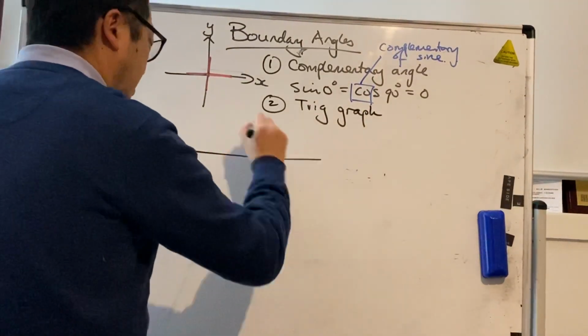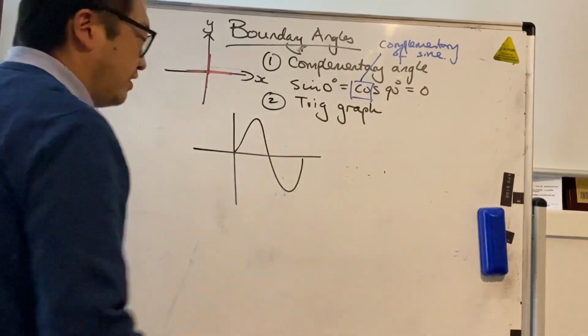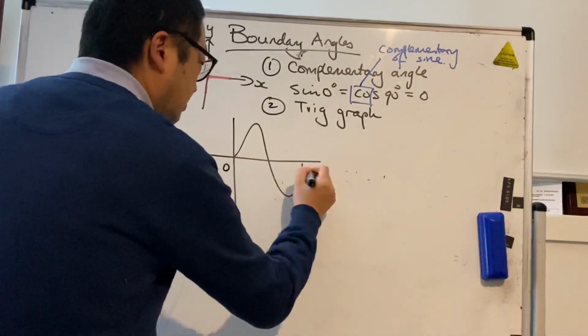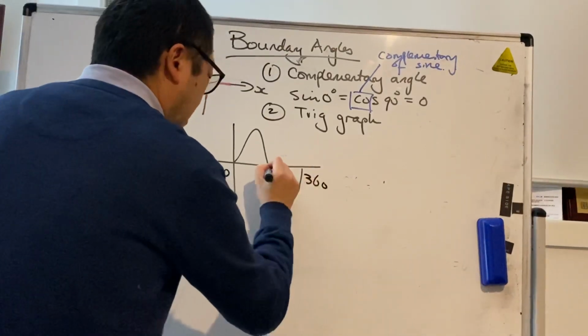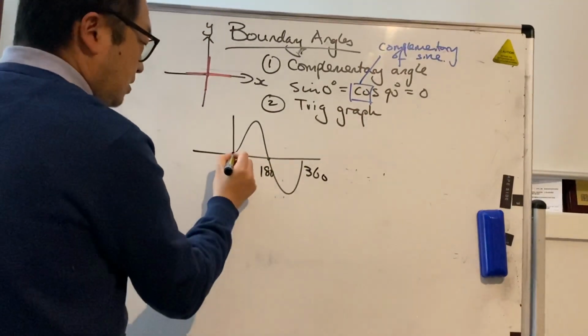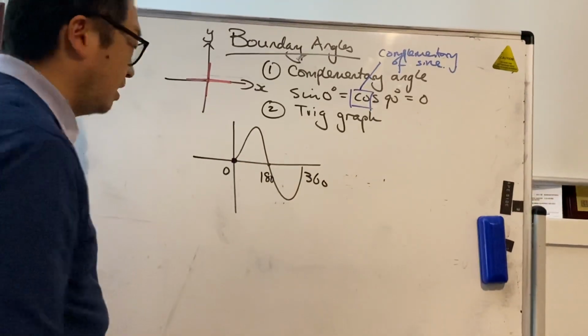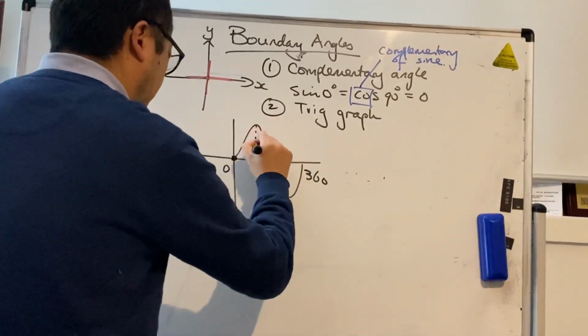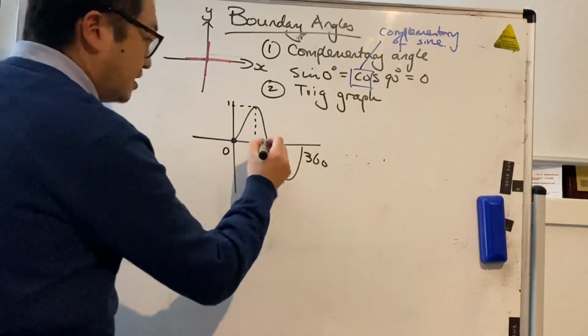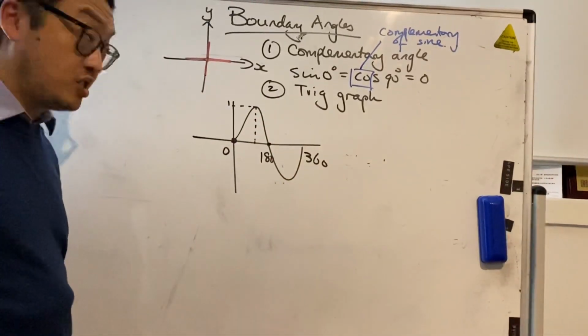Trig graph, right? If I had a graph like this, that's obviously a sine graph. So 0, 360, and 180 degrees. Sine 0 is 0. And at sine 90, the amplitude is 1. And sine 180, back to 0 again.